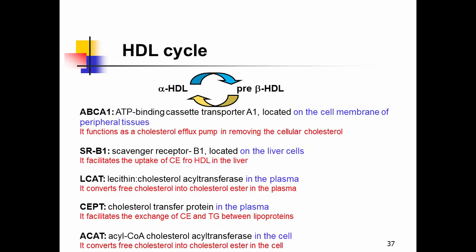So try to remember all these different factors and enzymes, what their functions are, and how they are involved in the HDL cycles or the reverse cholesterol transport process.